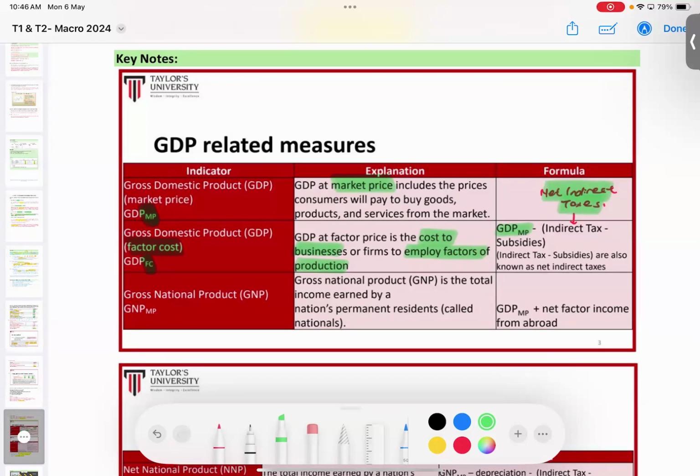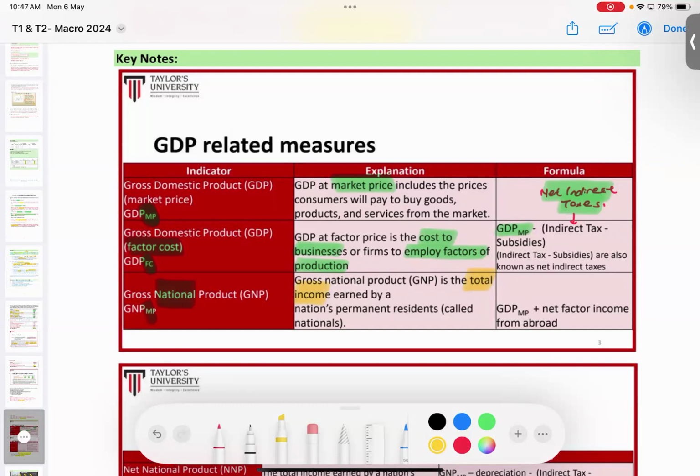Now, if today I want to calculate gross national product, it's a bit different. Gross national product means I look into the total income earned by a nation's permanent residents.